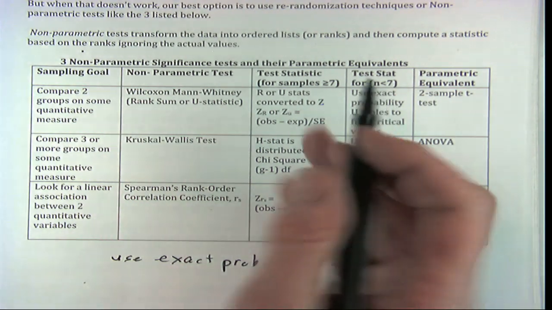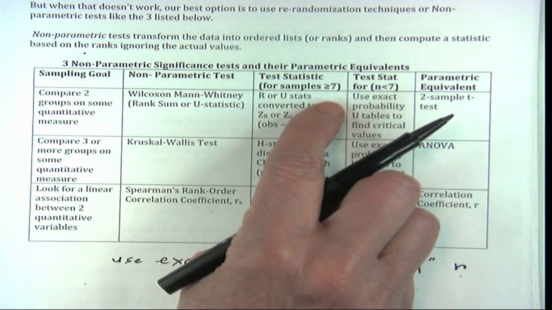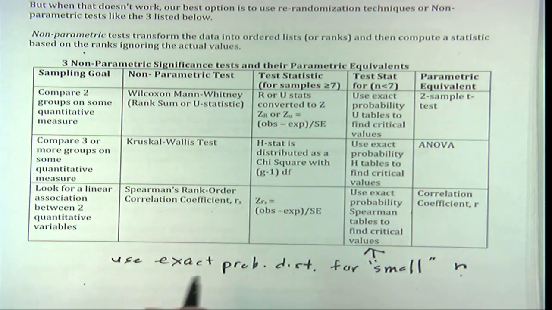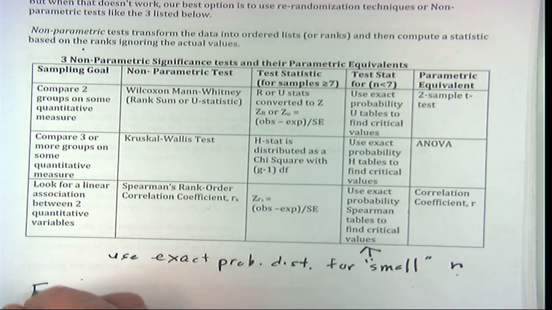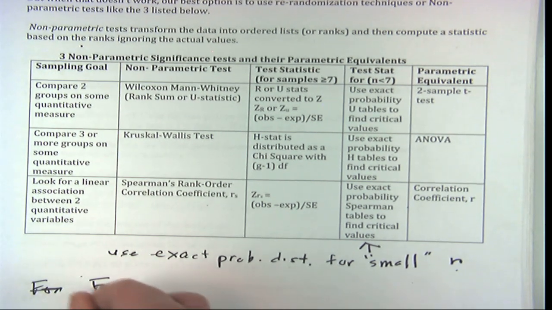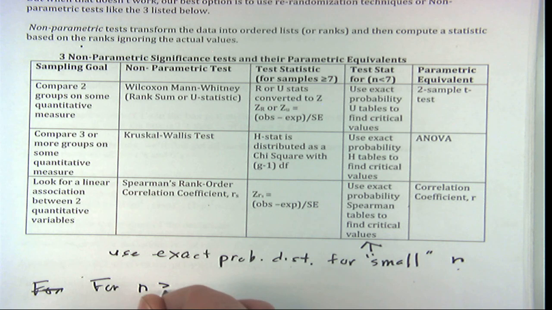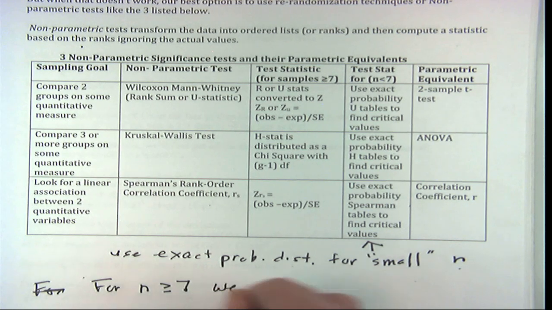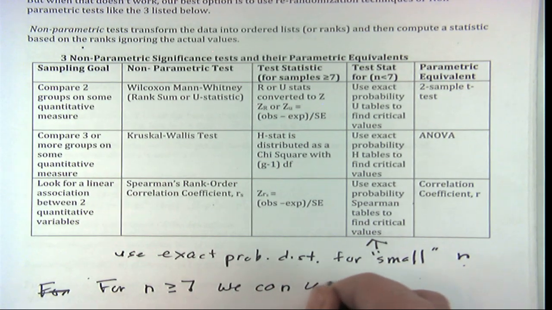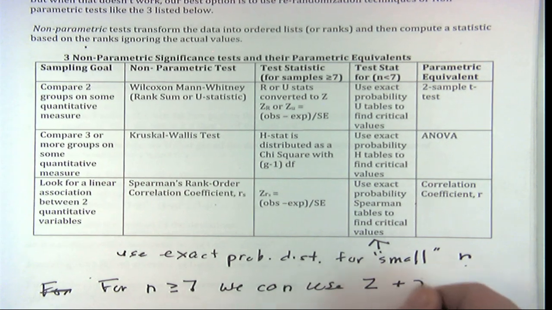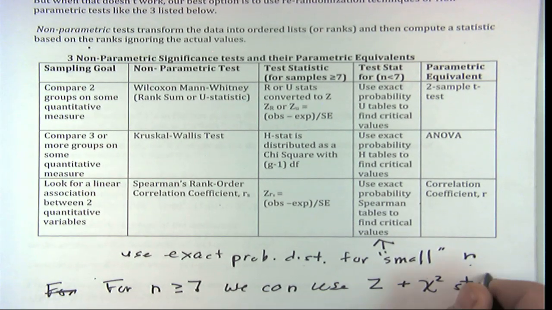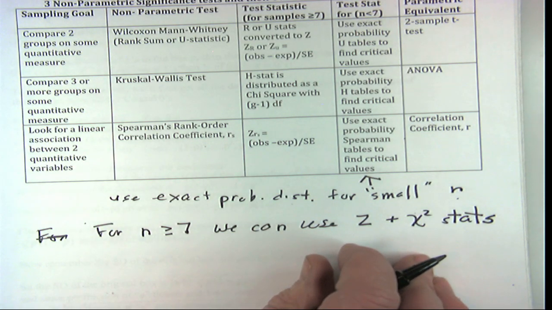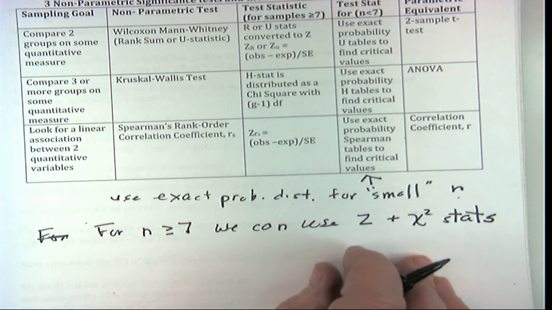Now, why, with just a low number like 7, when usually we have to get much higher for the central limit theorem to kick in, why, for n greater than or equal to some small number like 7, can we use these z-tests? And this is a huge advantage too. We can use z and chi-square stats, right? We're not going to use t and F's because we're not estimating any standard deviations.